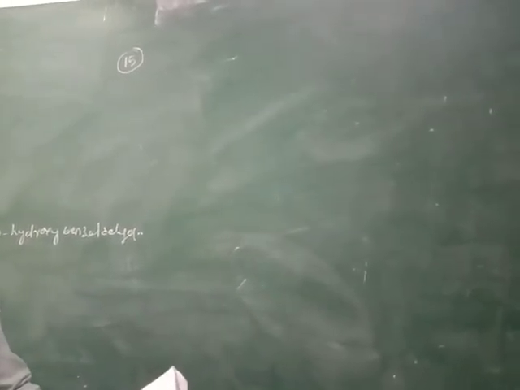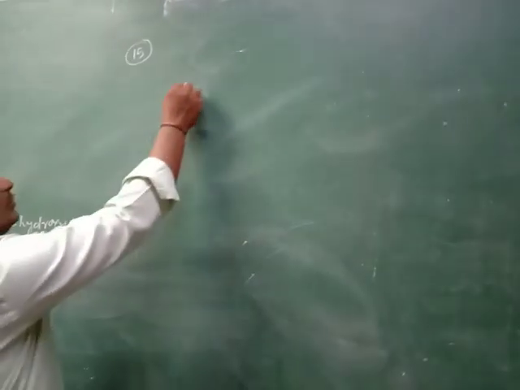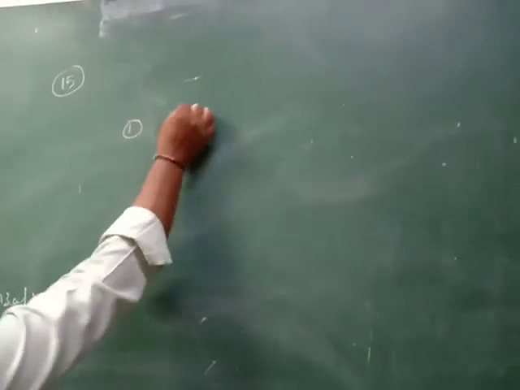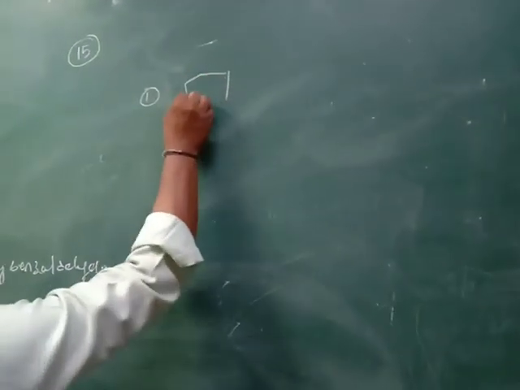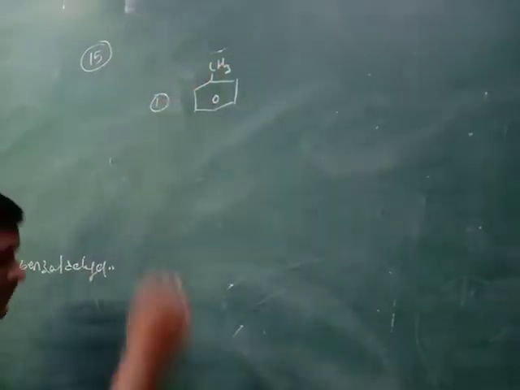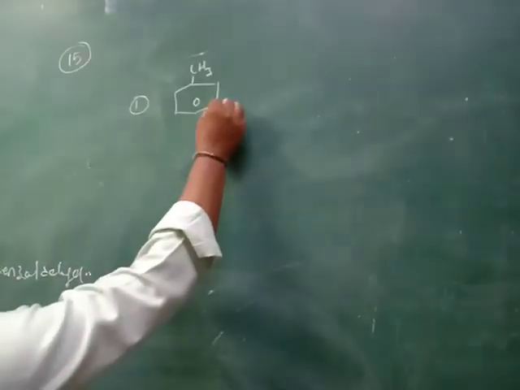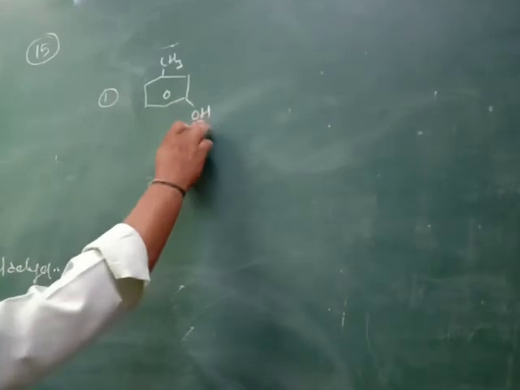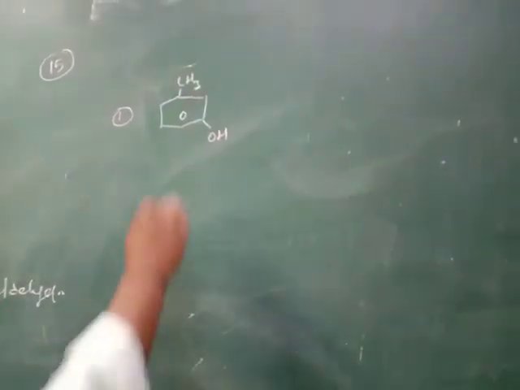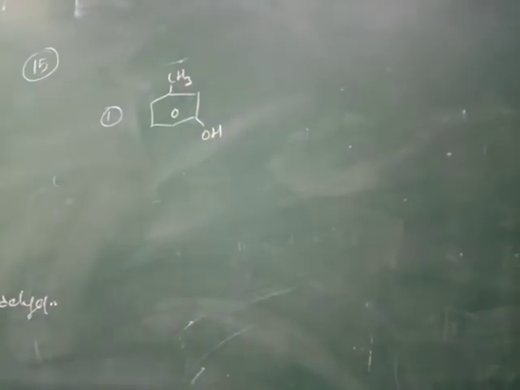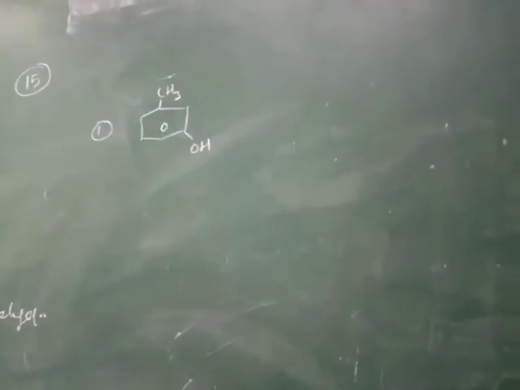Number 1 has CH3 and OH. Generally, phenol with a CH3 group is known as cresol.